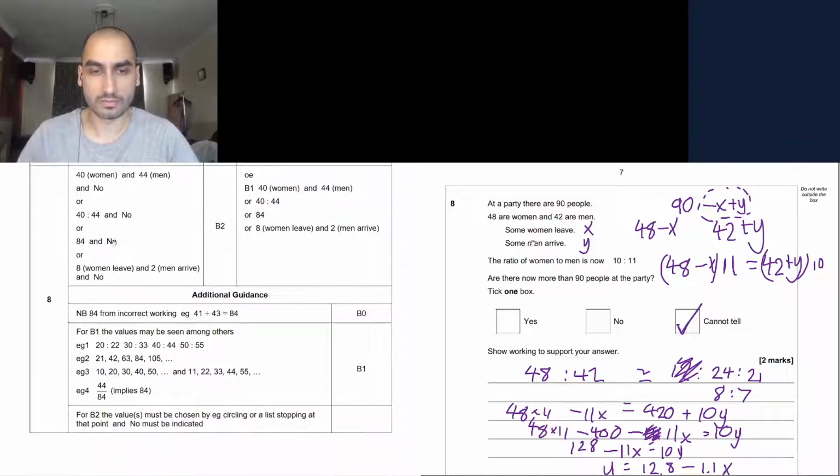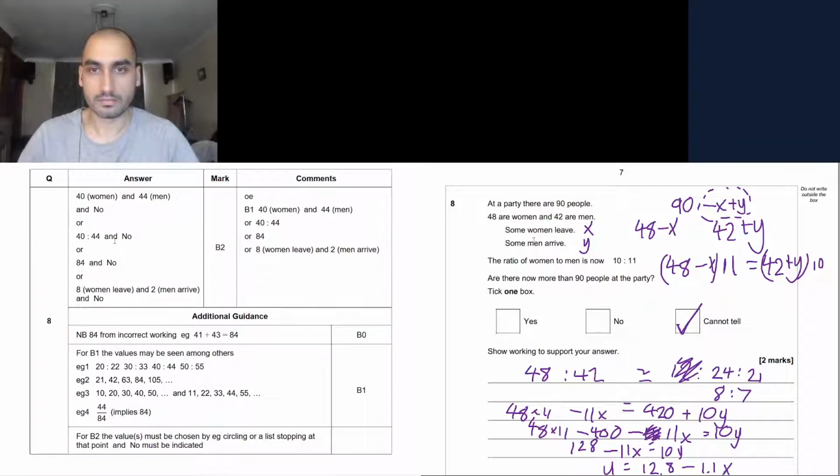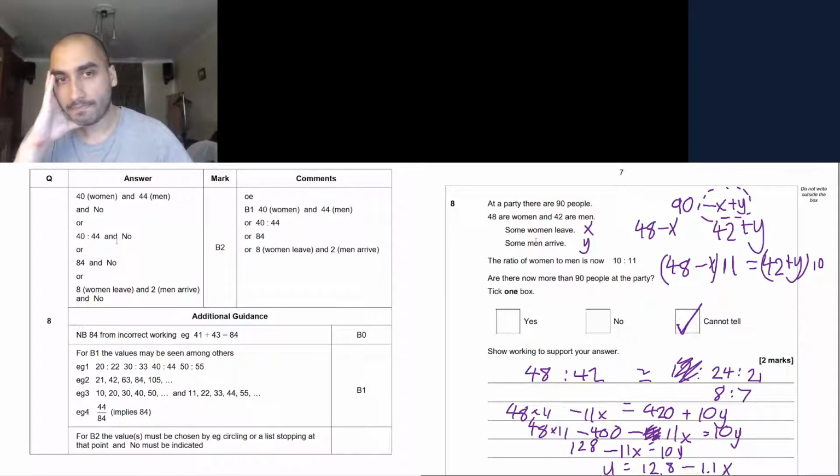Oh, the answer is no. This one I didn't understand at first. How many marks is it? Only 2 marks, though.